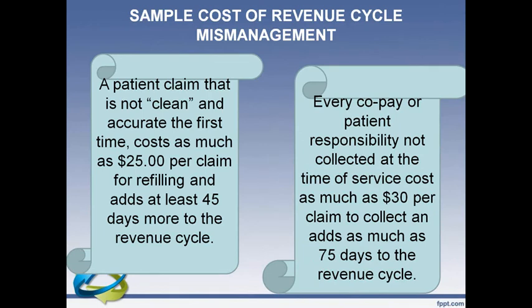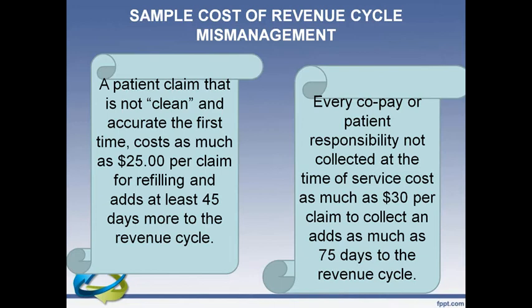And then every copay or patient responsibility that's not collected at the time of service, this one I think you'll find very interesting. It costs about $30 to collect at the back end, and it adds about 75 days to the revenue cycle.